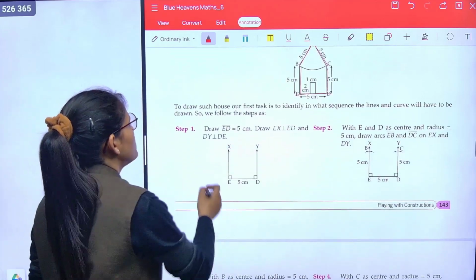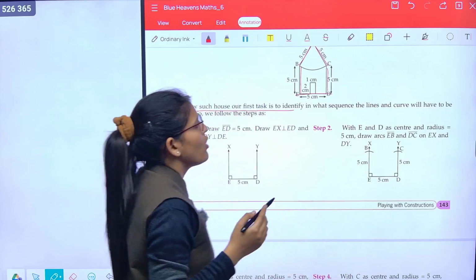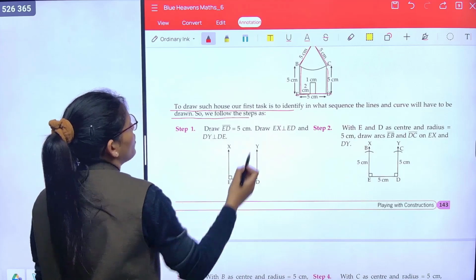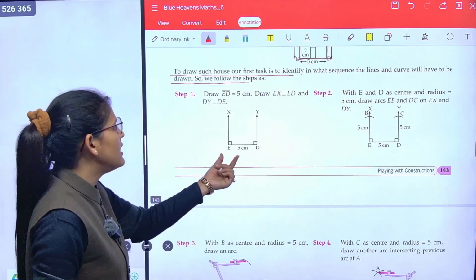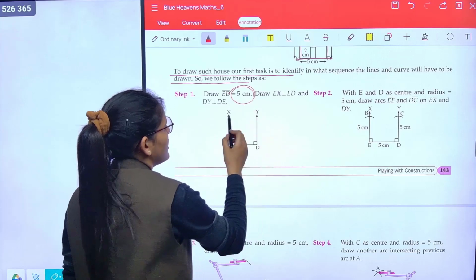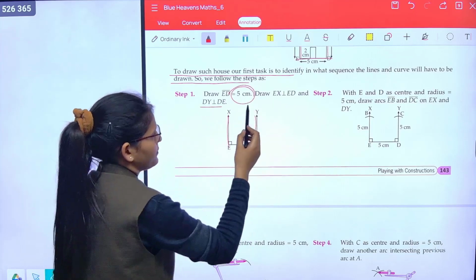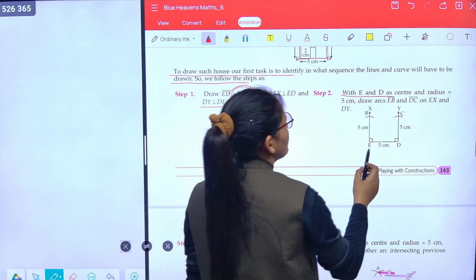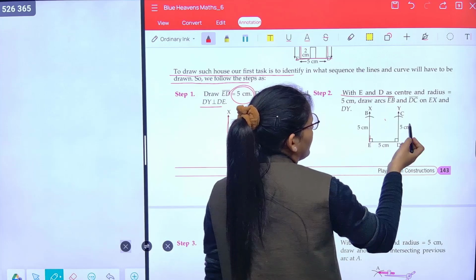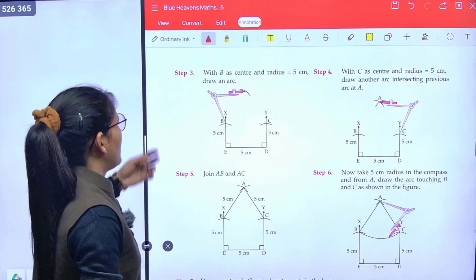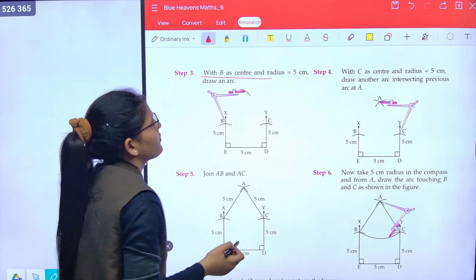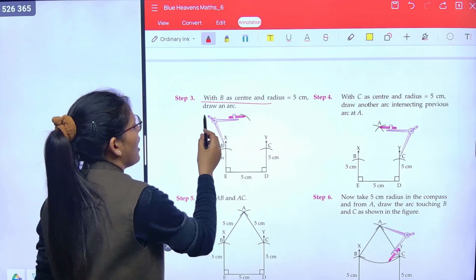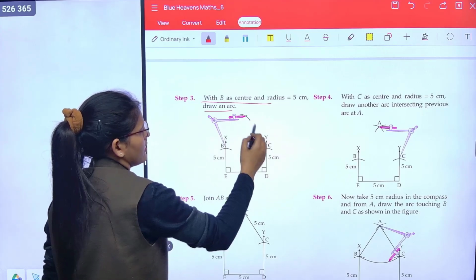To draw such a house, our first task is to identify in what sequence the lines and curves will have to be drawn. So we follow the steps: draw ED 5 centimeter, that is perpendicular. Now step 2, with E and D as center and radius 5 centimeter, now class, draw arcs on it. Then with D as center and radius 5 centimeter, draw an arc like this.